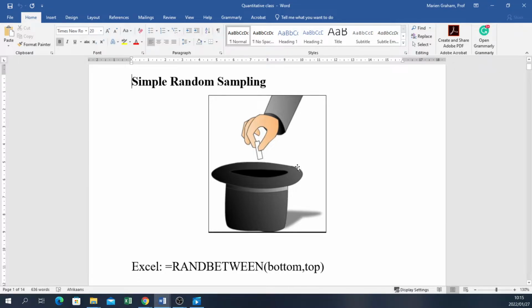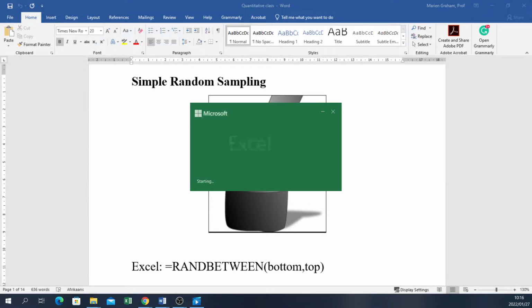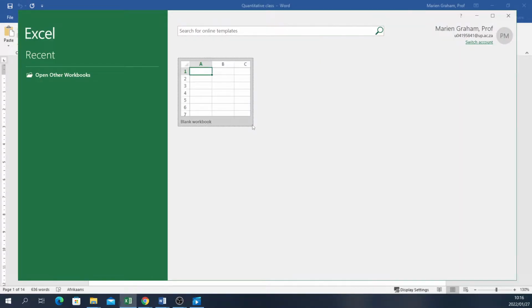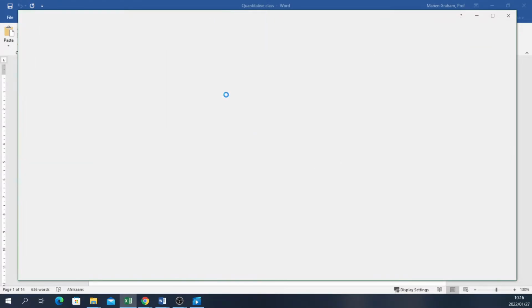Okay. And because in real life, I mean, you wouldn't make thousands of pieces of paper, put names on it, and throw it in a hat. What we would rather do, there's an Excel function, and it's RANDBETWEEN. So let me see if I can open Excel and show that to you.